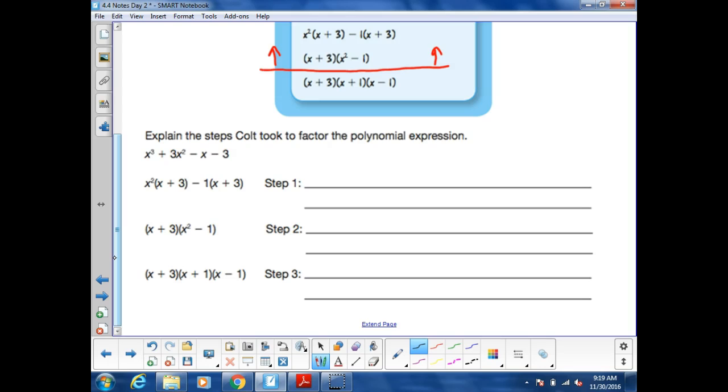In this first step, what did Colt do? Looking at it, what do you think Colt did? He GCF'd, but there's no greatest common factor for all of the terms. So we can't just say that he GCF'd the whole thing.